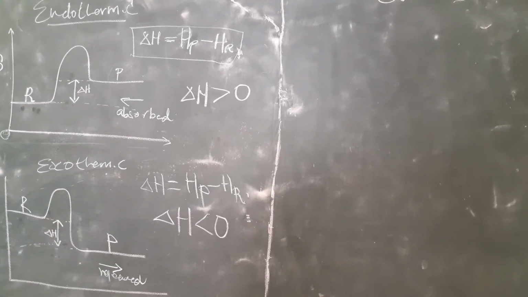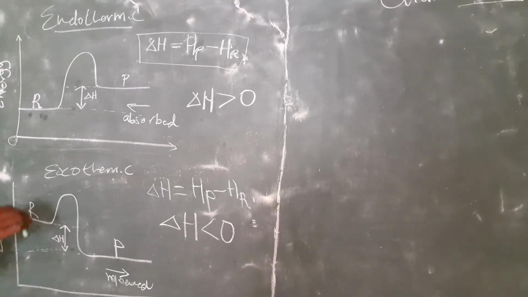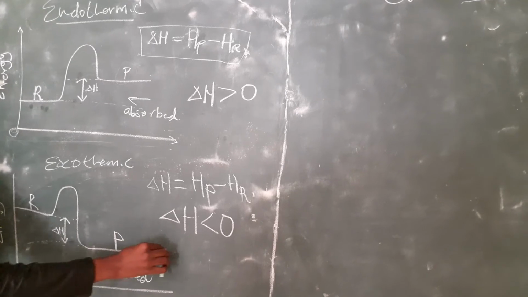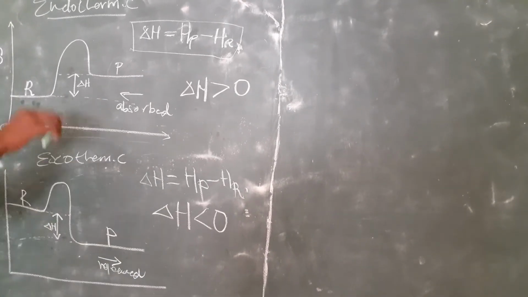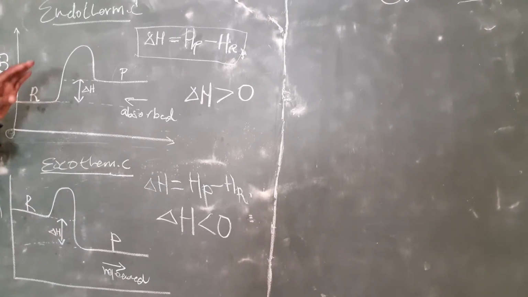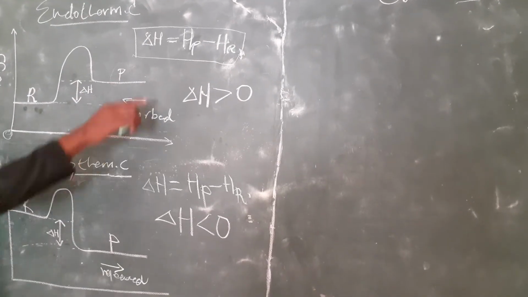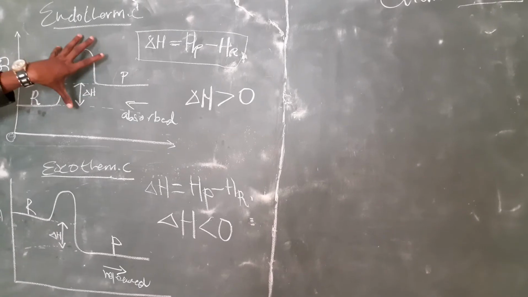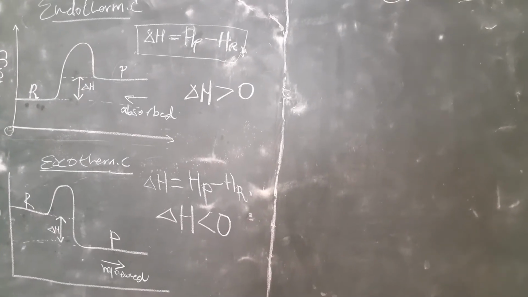This means the reaction is exothermic. When you are given that change in H is a negative answer, remember that is exothermic. When change in H is a positive answer, it is endothermic. It means the energy is being absorbed there, and here the energy is being released.